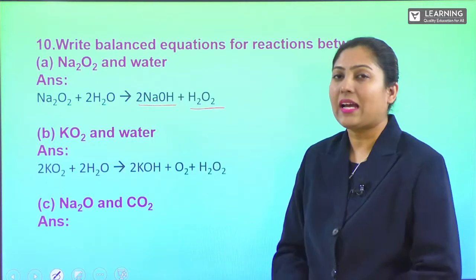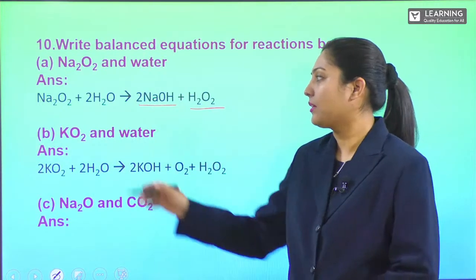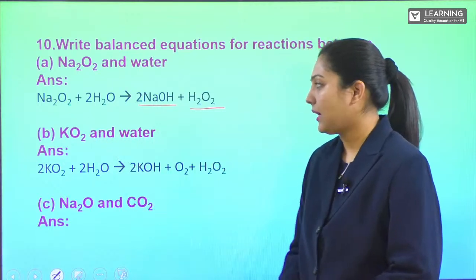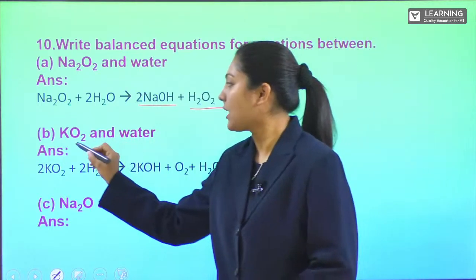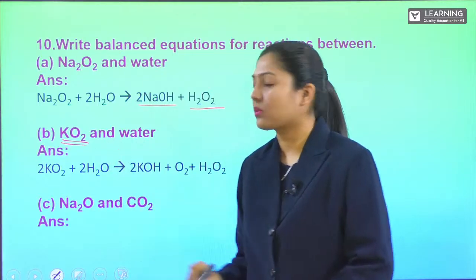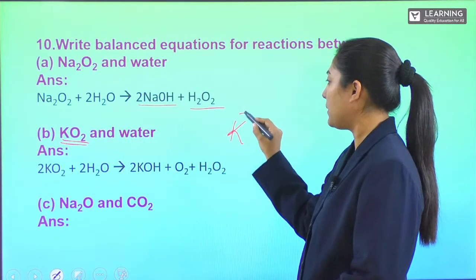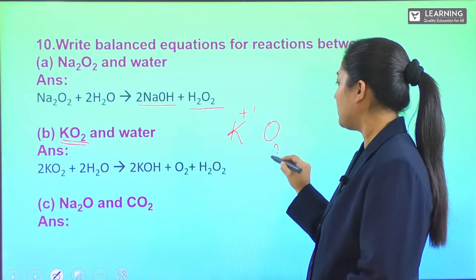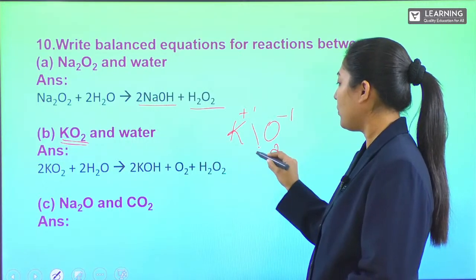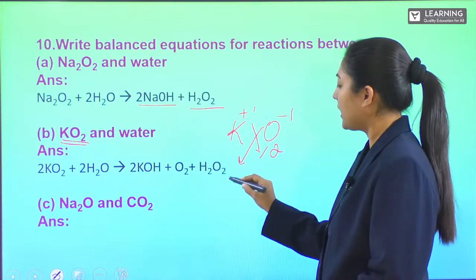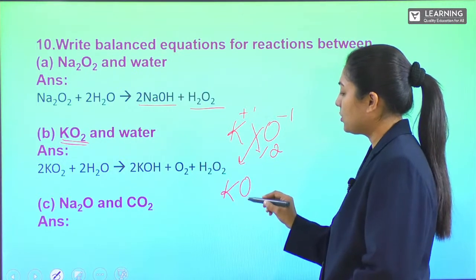Next, potassium oxide. Is it peroxide or superoxide? So K will be +1, O2 will be -1. So when we crisscross here, we get KO2.